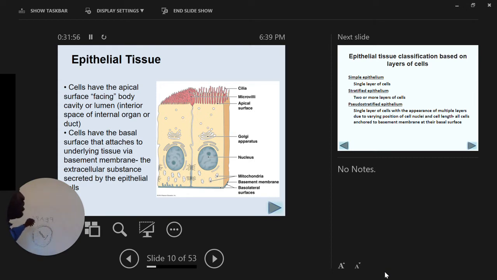And so this space here, this is what we call the apical space of the epithelial tissue, because that is the space that is open to the lumen. Does that make sense? So if this is the epithelial tissues now, the top part is the apical surface.